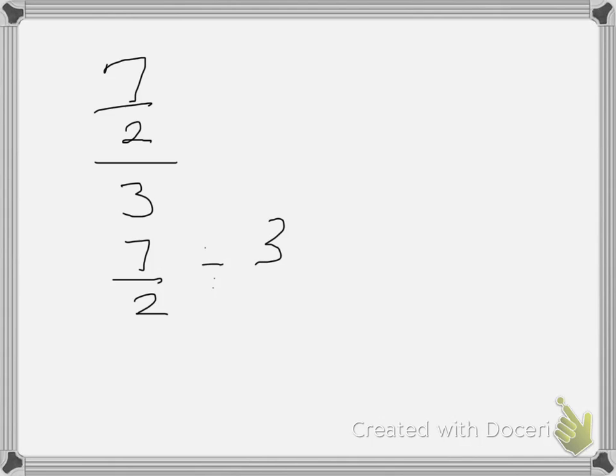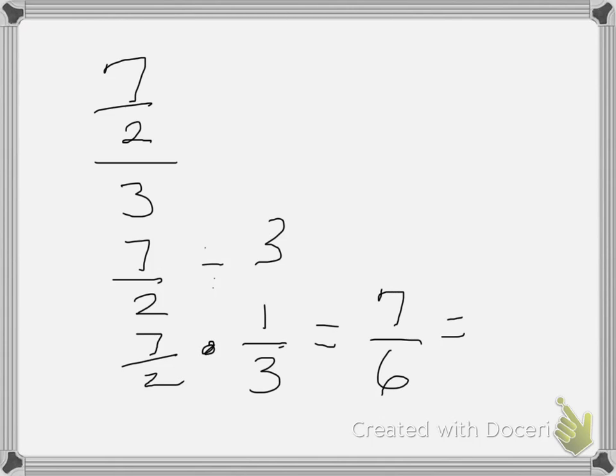And the second step is 7/2 times, so you've got to multiply, we take the reciprocal to be 1/3. On the last test, you had forgotten to take the reciprocal. Then you would multiply straight across and you would have 7 over 6. Change that improper fraction into a mixed number, 1 1/6.